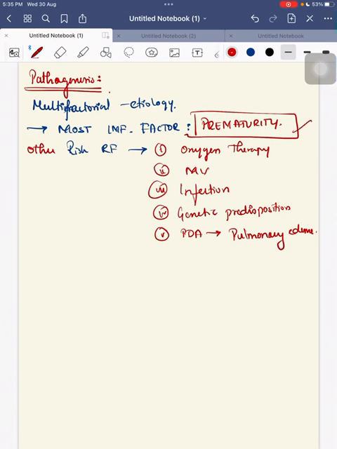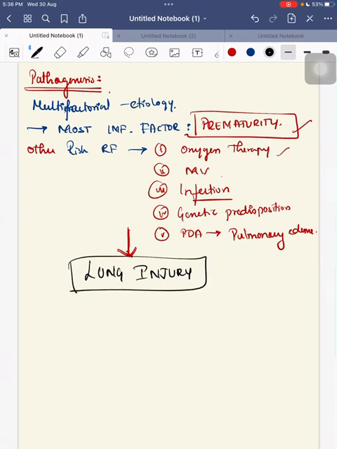So when the child is premature, requiring oxygen therapy through mechanical ventilation, or has a co-infection, everything will lead to lung injury.